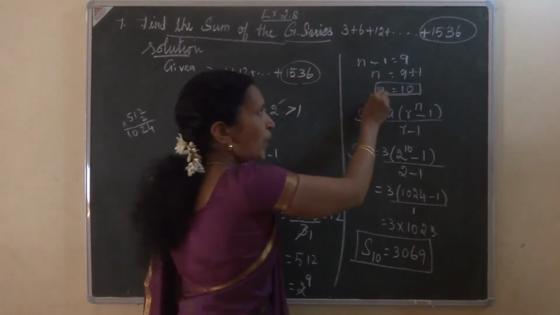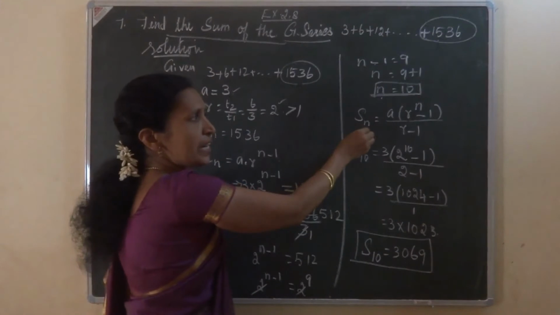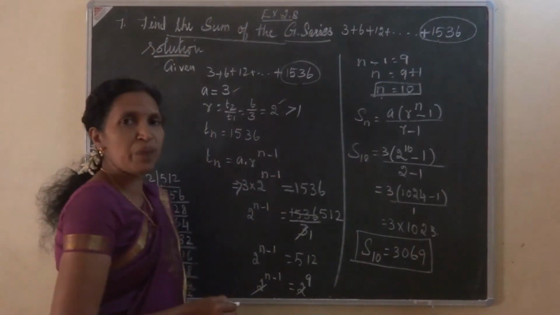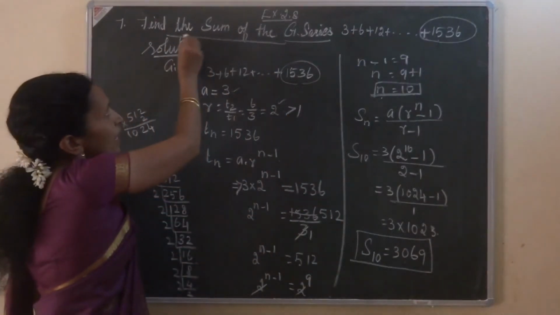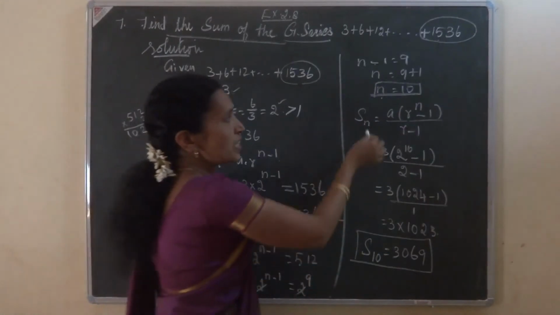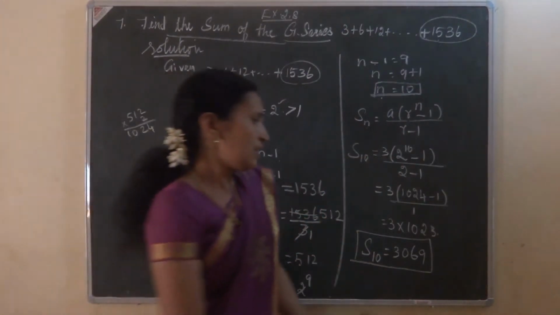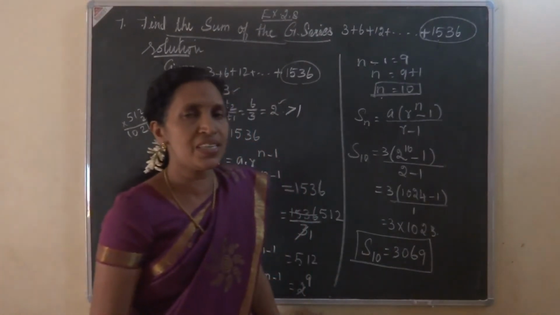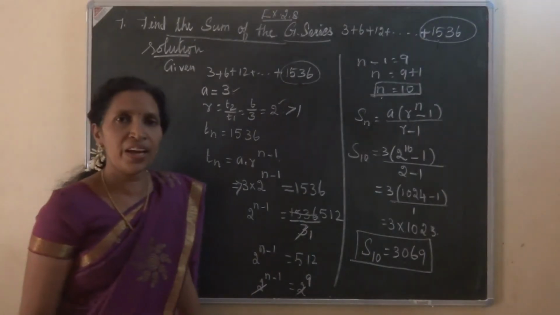Then you apply all the values in the formula Sn equal to A into (R power n minus 1) divided by (R minus 1), because they asked for the sum of the geometric series. You will get 3069. This is the answer. Do you understand students? Okay.